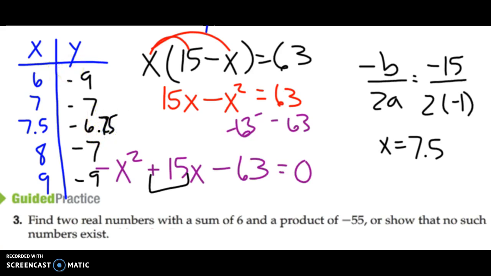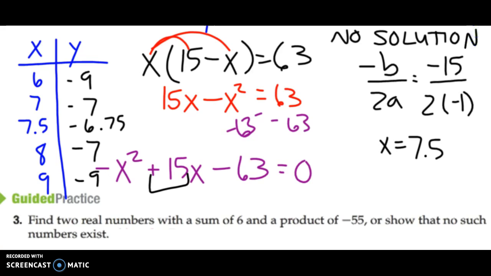And so we can see that, even if we hit the graph button as well, it never crosses the x-axis. So since it never crosses the x-axis, there is no solution to this problem.